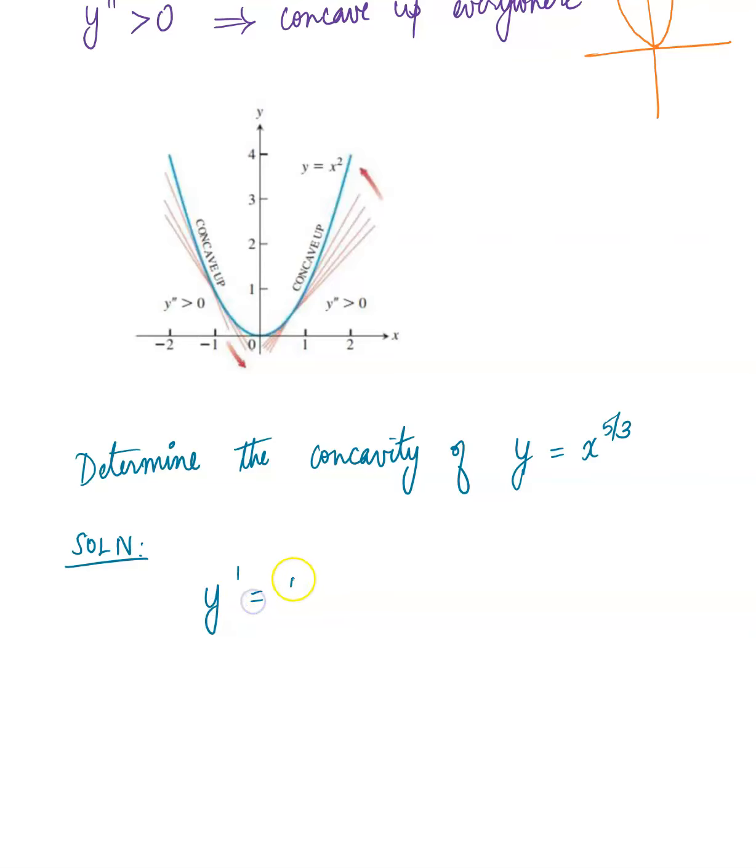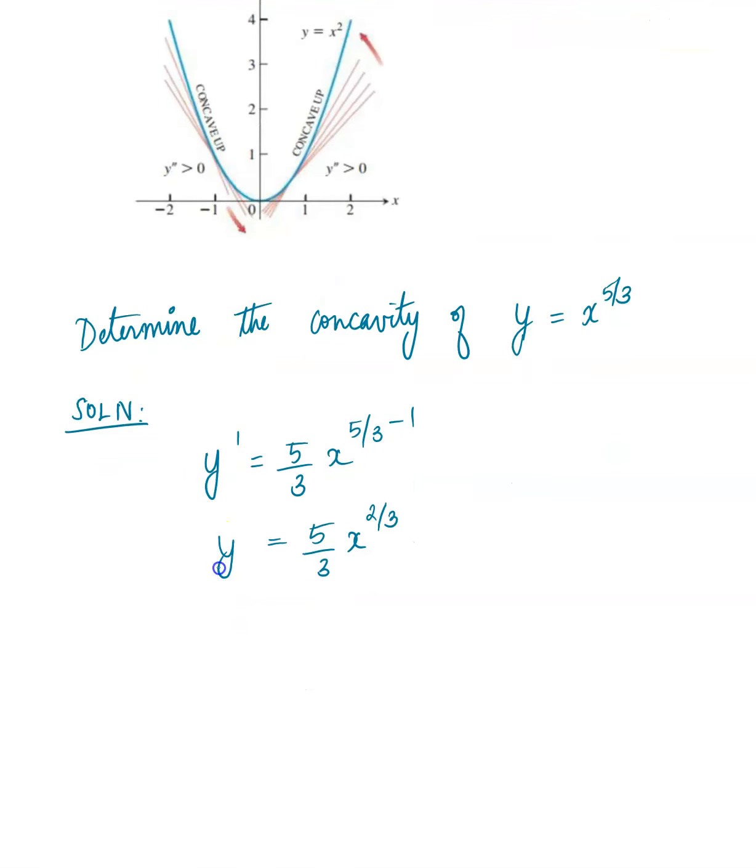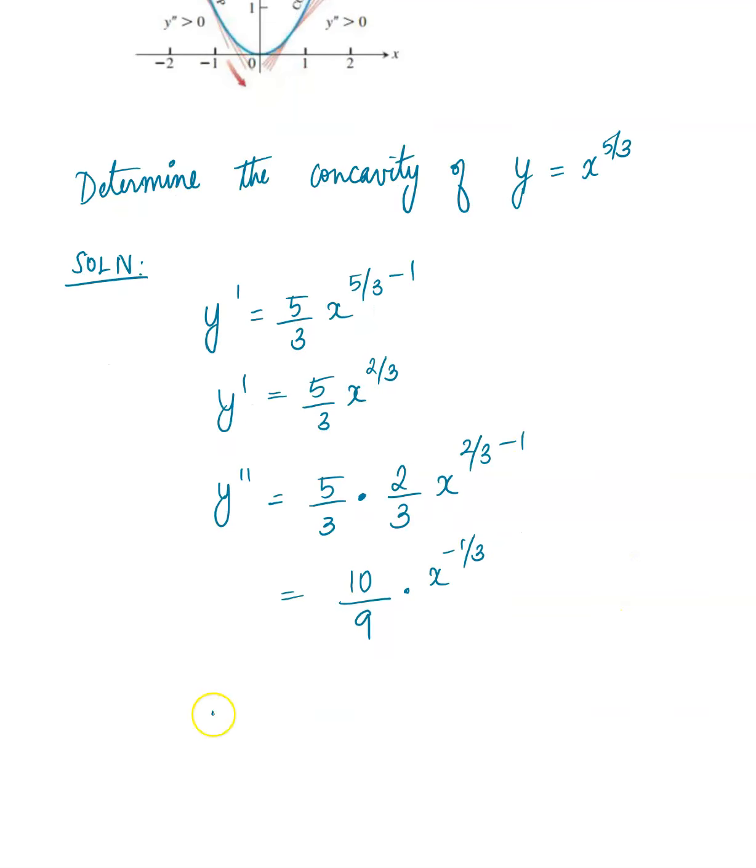So y prime is 5 over 3 x power 5 over 3 minus 1, which is 2 over 3, isn't it? That's y prime. Y double prime will be 5 over 3 times 2 over 3 x power 2 over 3 minus 1, which is 10 over 9 x power negative 1/3. Y double prime will be 10 over 9 cube root of x.